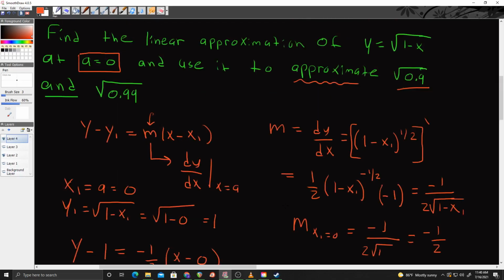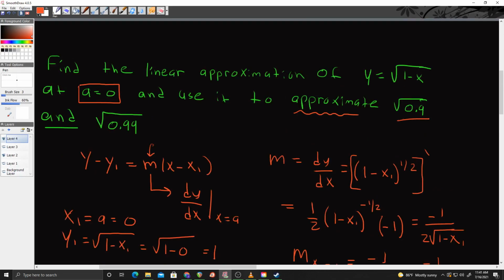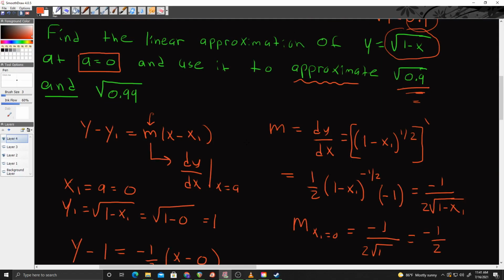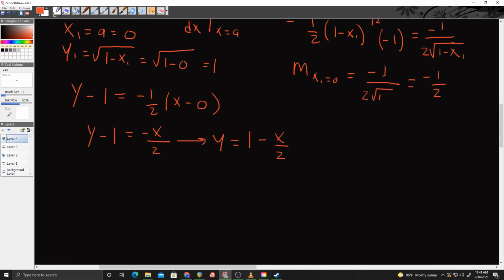We want to approximate the square root of 0.9. So let's think about what x has to be in our function to give us 0.9. That's got to be the square root of 1 minus what gives us 0.9. This is going to be 1 minus 0.1. So in other words, x equals 0.1 in order to get that.